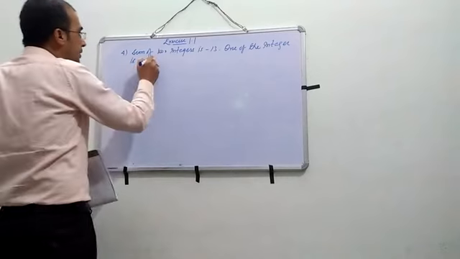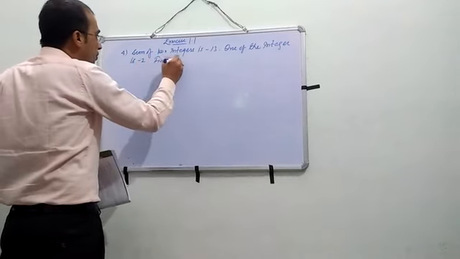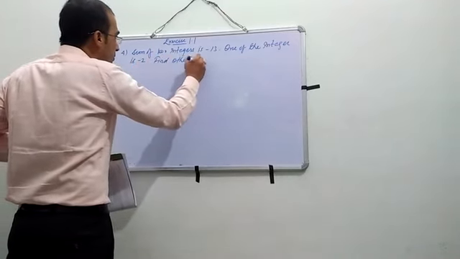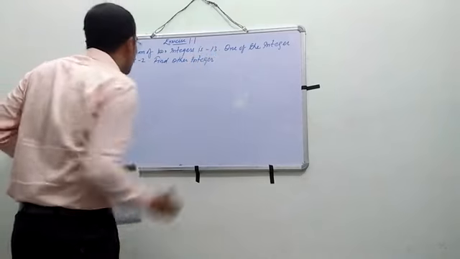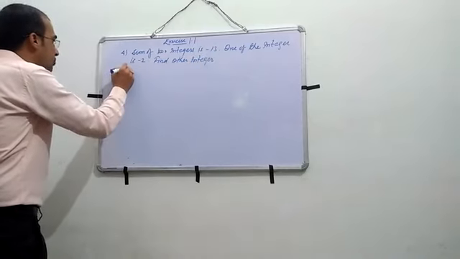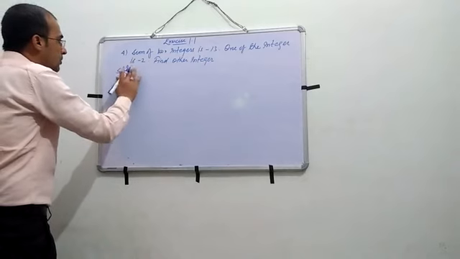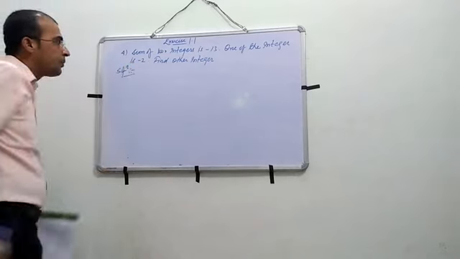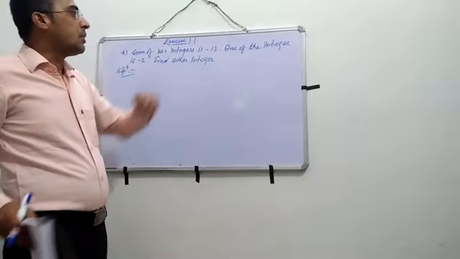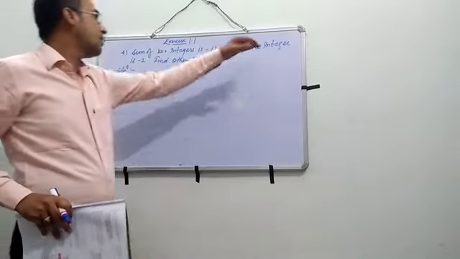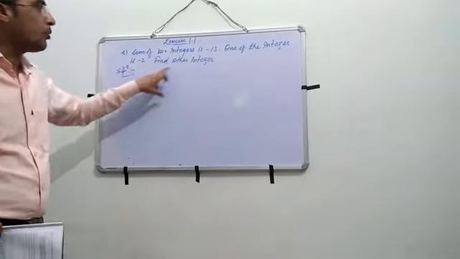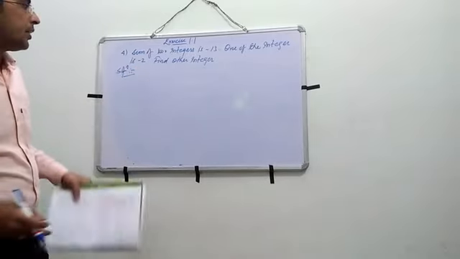Find the other integer. So what will be the solution of question number 4? We can see the sum of two integers is given, this is minus 13, and one integer is given, minus 2. We have to find out the other integer.